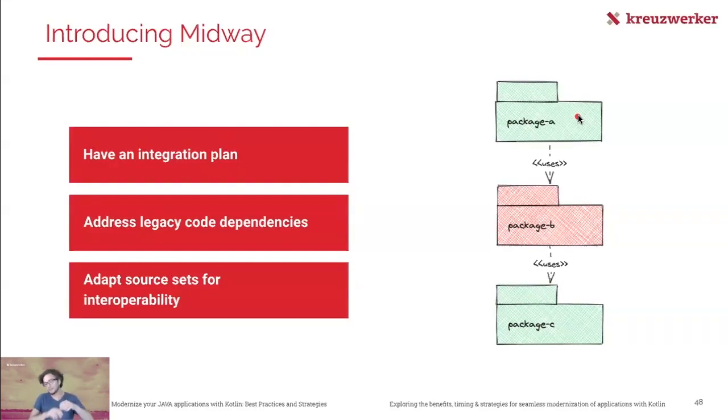So you have dependencies in and dependencies out. And you need to deal with that with the points that we see, right? Address especially in the adapt source sets for interoperability. So we would recommend keeping the number of dependencies low for these kinds of midway introductions.